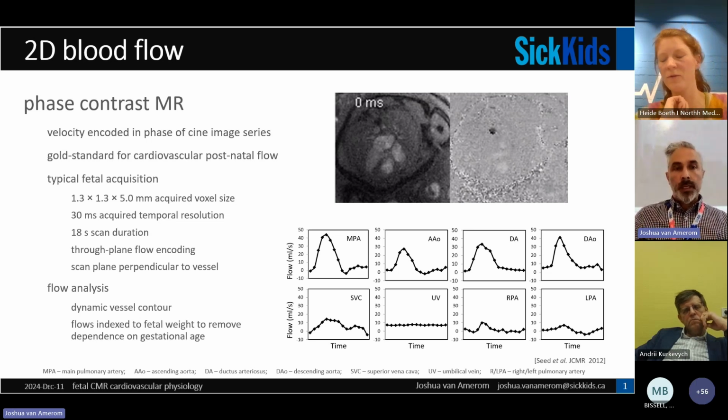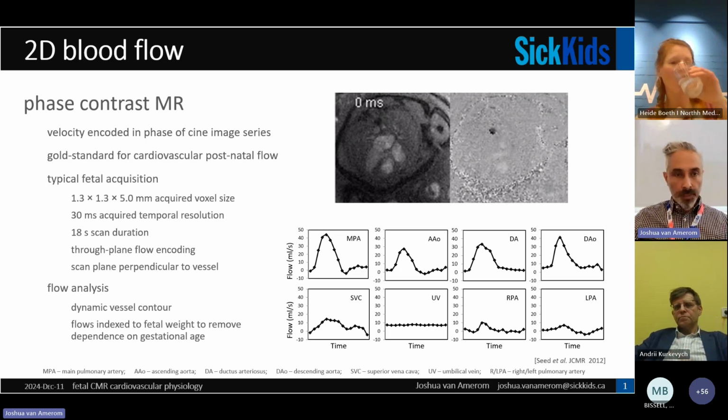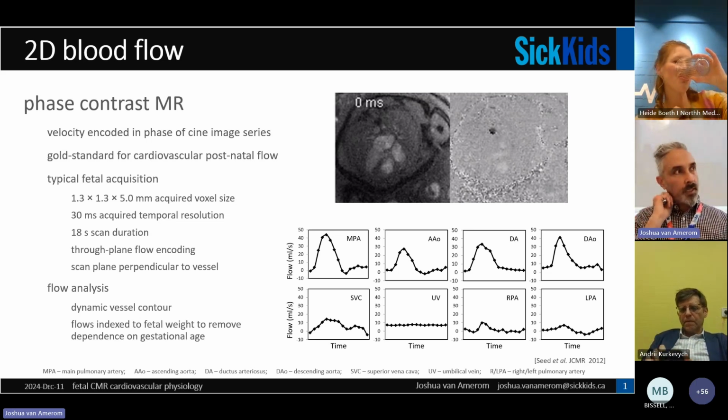But when you get it, you can get measurements like this by first placing vessel contours onto the images and measuring the flow within those regions. And as Alex had highlighted, these are often indexed to the fetal weight, which comes from a separate scan, and that removes dependence on gestational age.